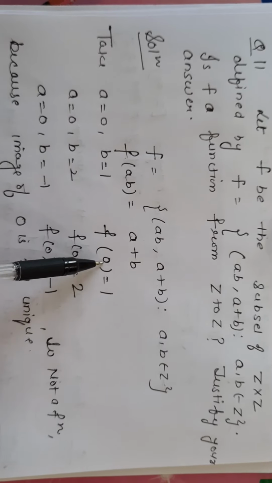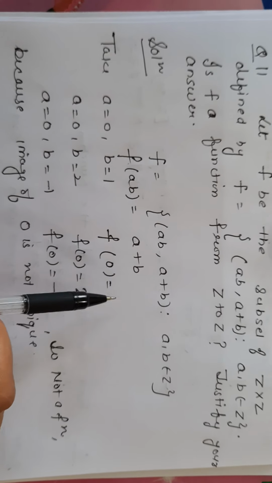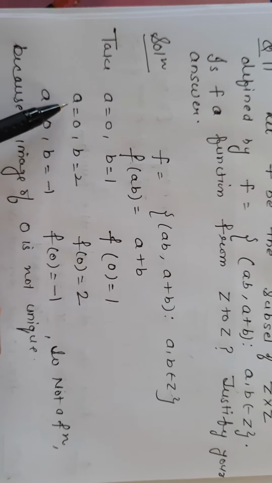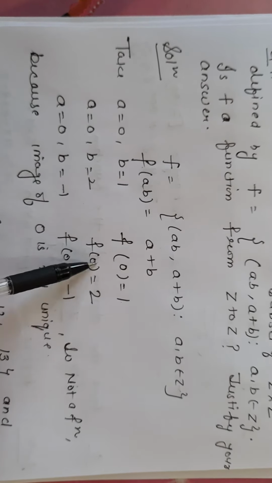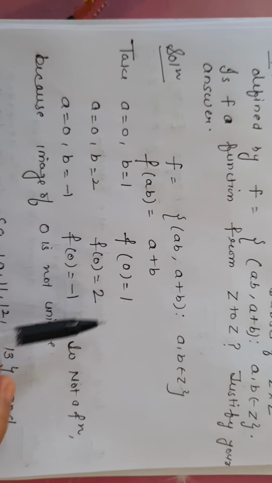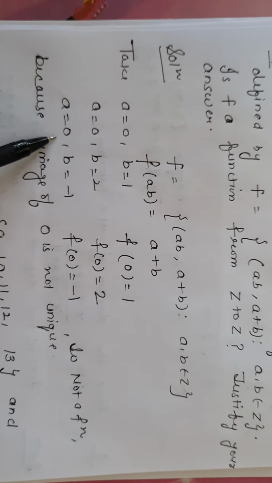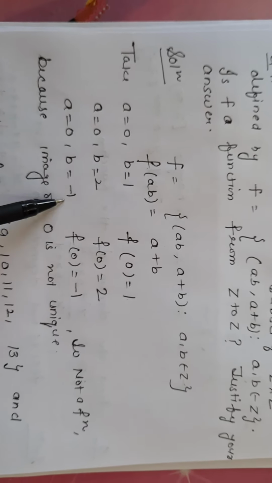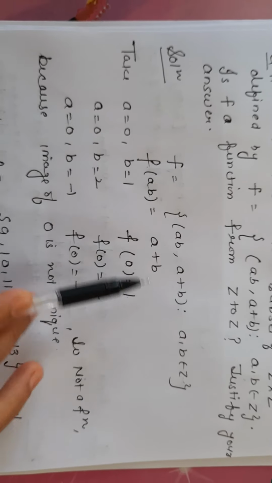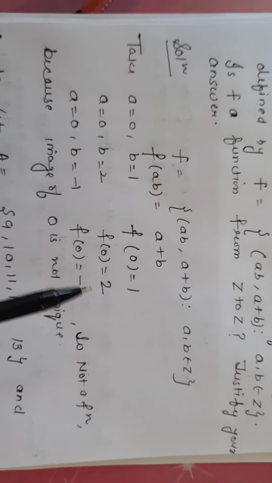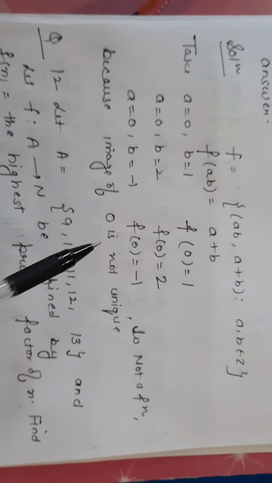So that means f of 0 is 0 plus 1. Answer will be 1. In the same way, you take a 0, b 2. So f of 0 is 0 plus 2. So answer will be 2. Now take a 0, b minus 1. So f of 0 is going to be minus 1. That means this relation is not a function because the image of 0 is not unique.